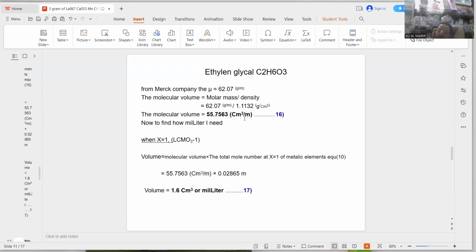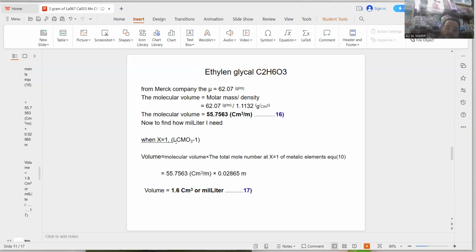Now, what about when x equals 1, multiple 1? We can use equation 9, the total metallic number of all the metallic elements, multiplied by 1, or we can use equation 10 directly from acetic acid.